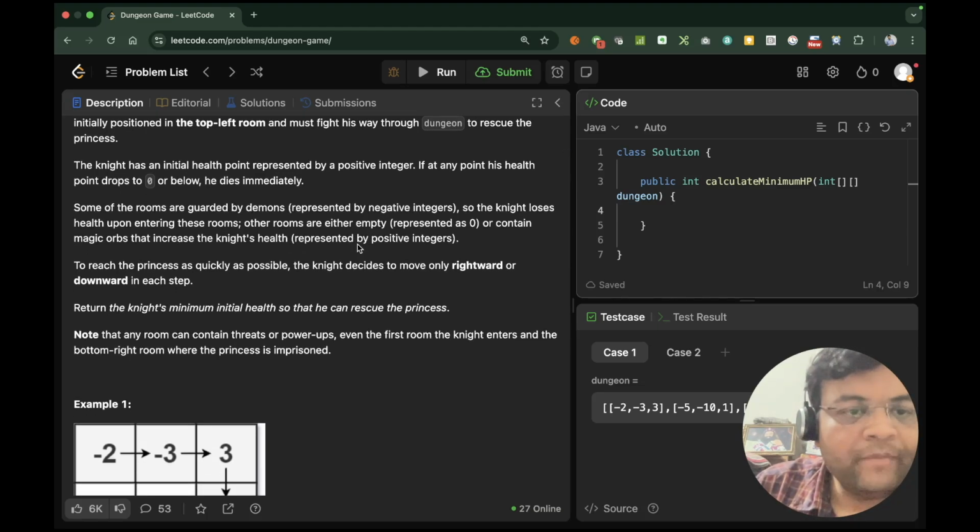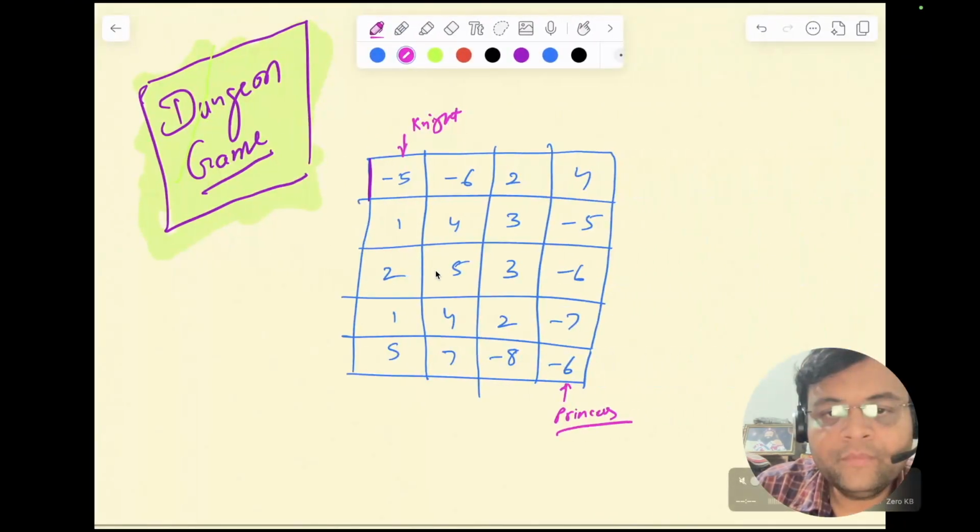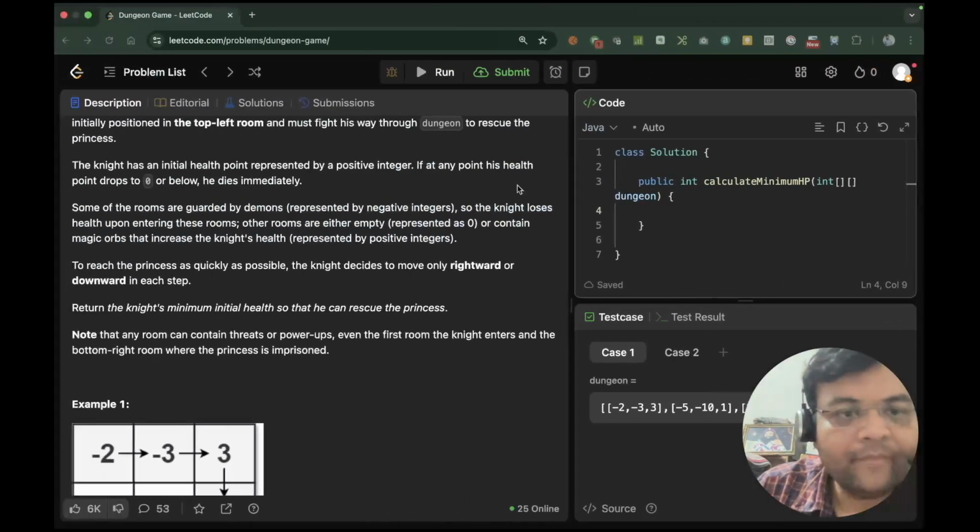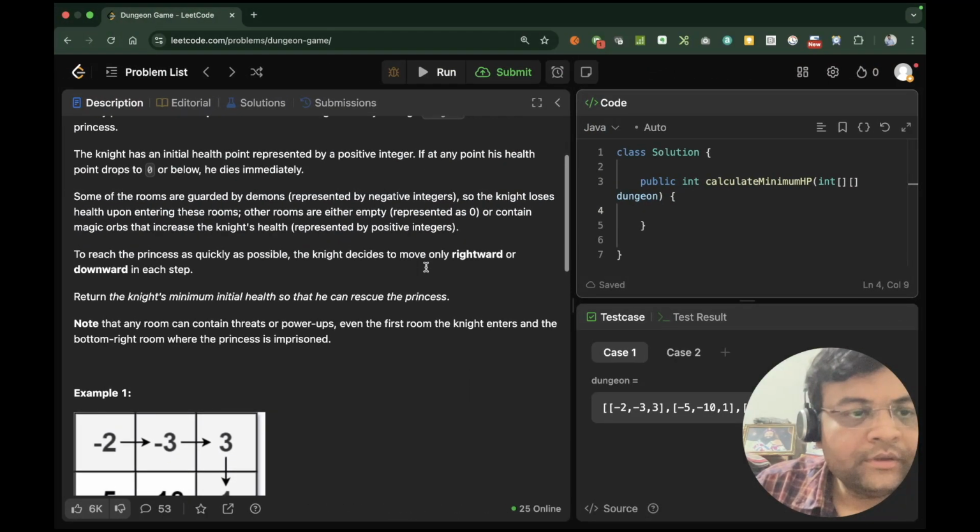Some of the rooms are guarded by demons, represented by negative integers. So basically, there are a few rooms which decrease the health point of the knight if he goes to that room, and there are a few rooms, like this room having 2, which is a positive value, so it increases the health point of the knight.